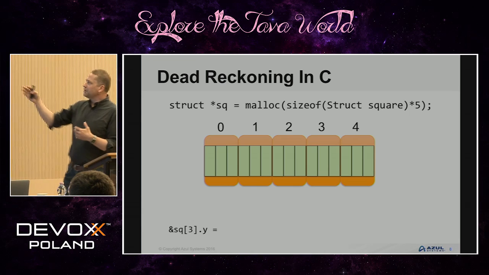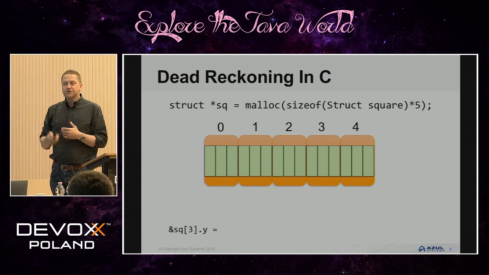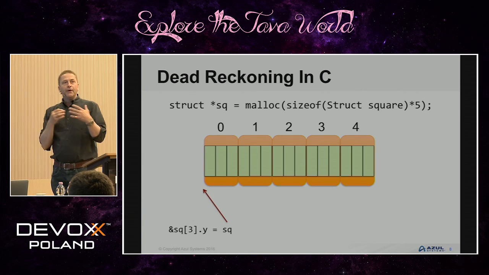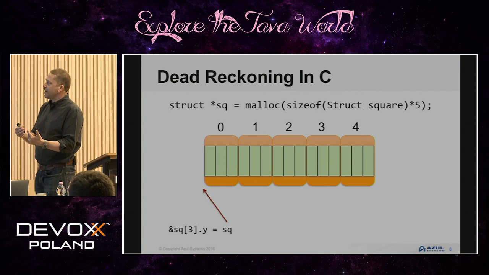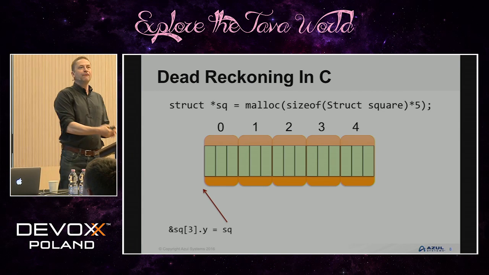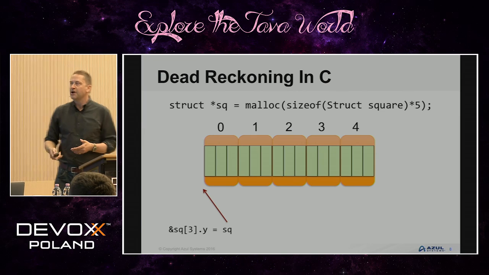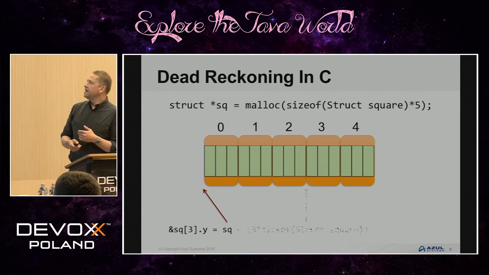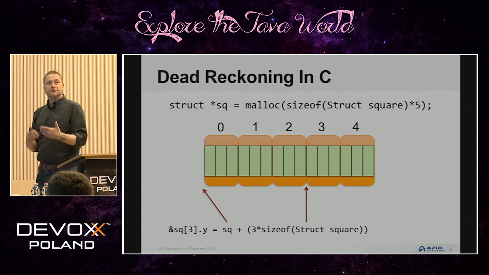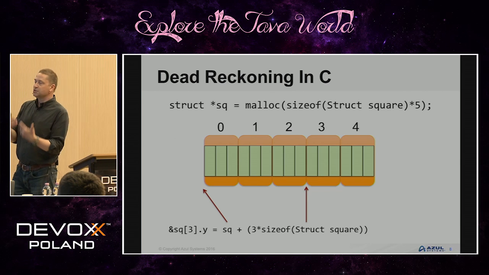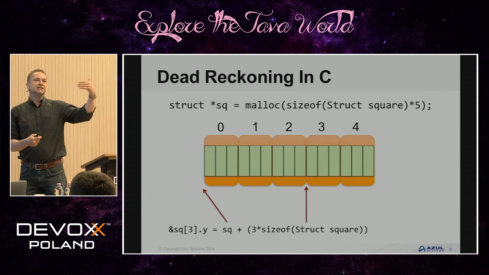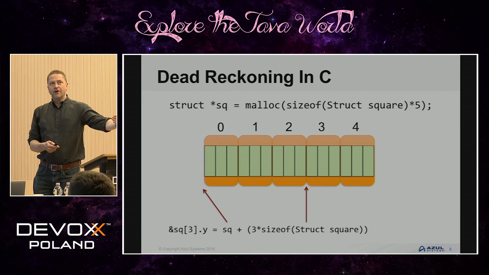So what we want to do is calculate the address of that. We can do that simply by saying, well, we know the address of the start of our area of memory, where we stored our array. We can then increment that by 3 times the size of the structure in order to get to the beginning of the 4th element in the array.